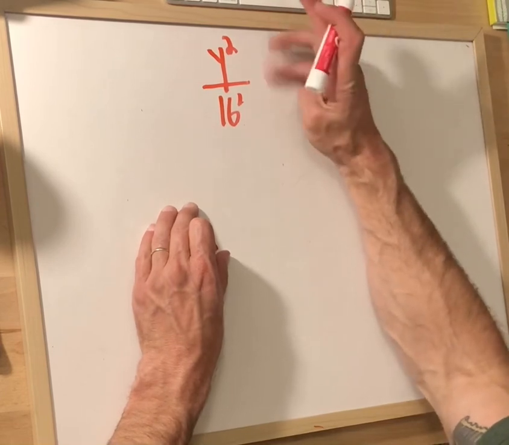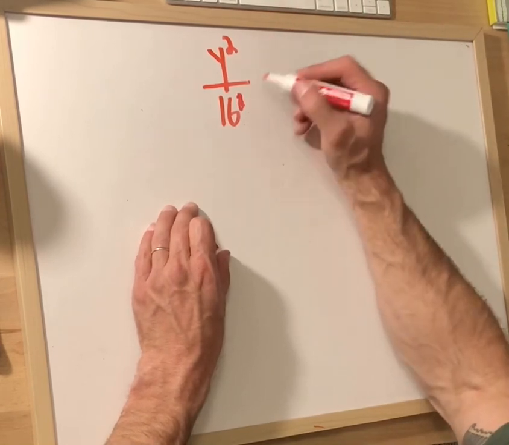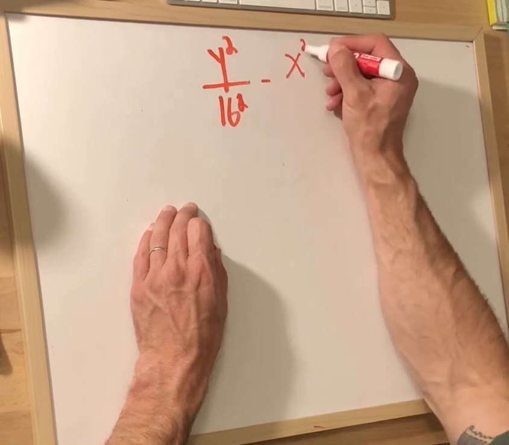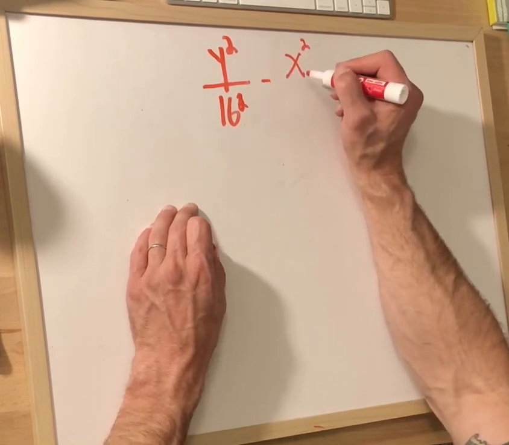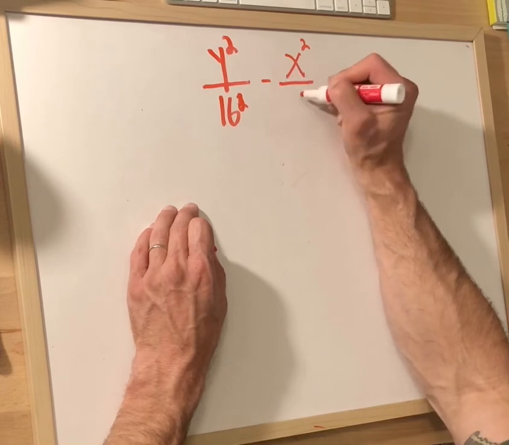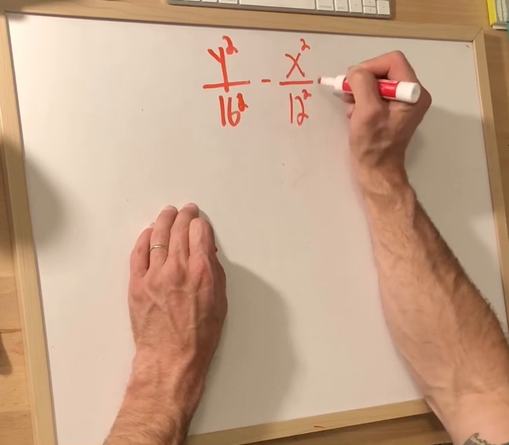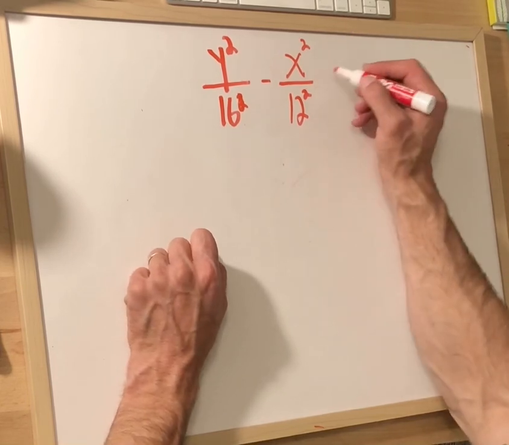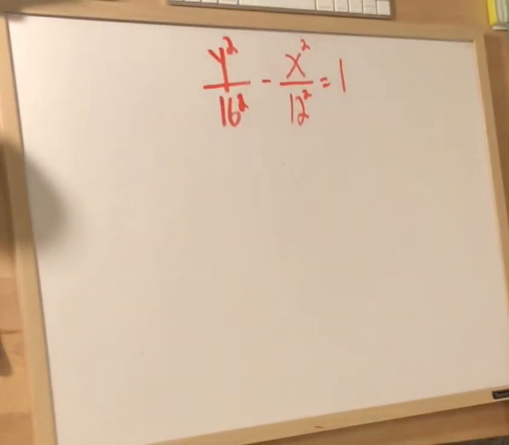Identify, don't worry about graphing because the numbers are going to be pretty big. Identify whether this opens up or down, left or right, what the asymptote line is, the foci coordinates, and the vertices. So do everything except graph it. Pause it and see if you can do it.